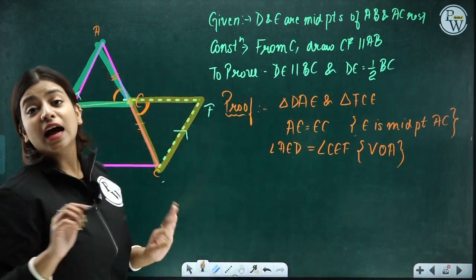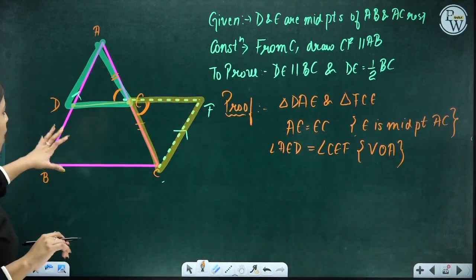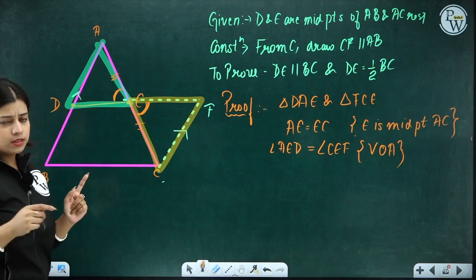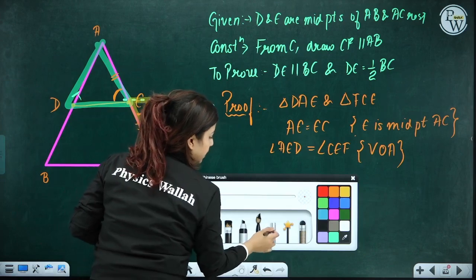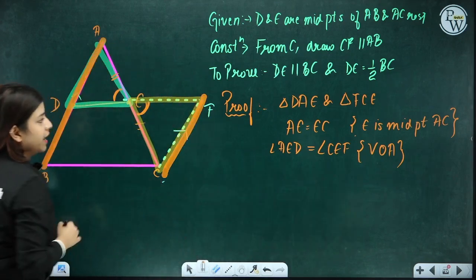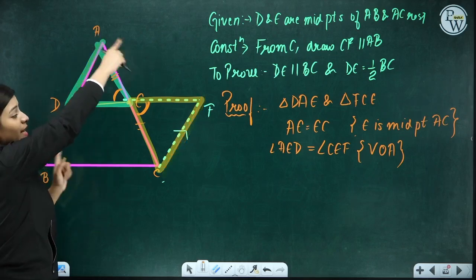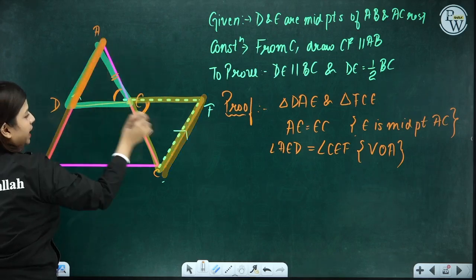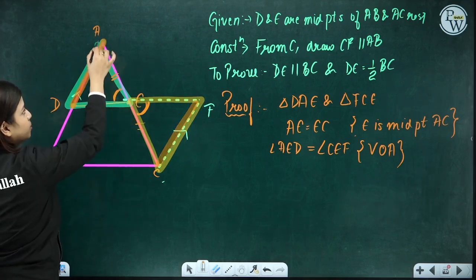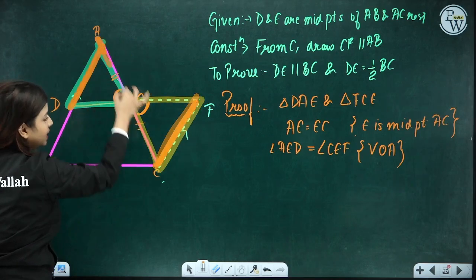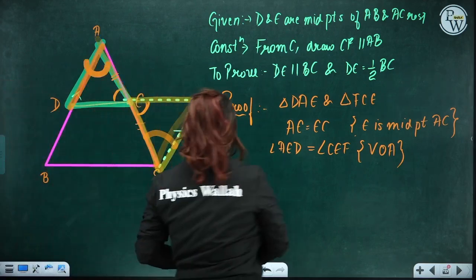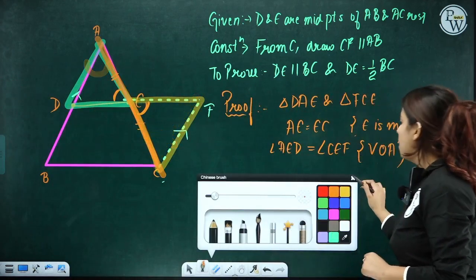Now the next thing that we are having over here is what? Now we can see that AB is parallel to CF, students. Right. See clearly this particular part, that AB is parallel to CF. If this whole AB is parallel to CF, so AD will be parallel to CF as well. And if AD is parallel to CF, I'm taking this as the transversal, so this angle will be equal to this angle, alternate interior angle.